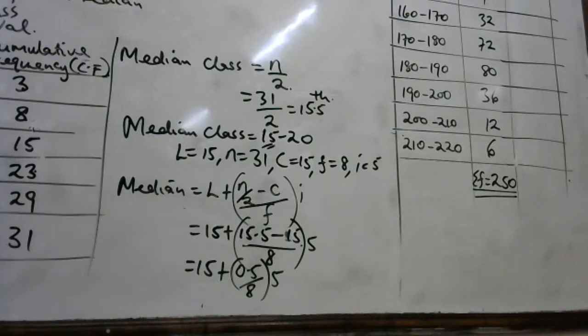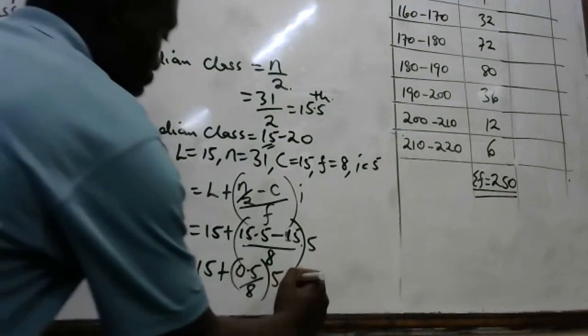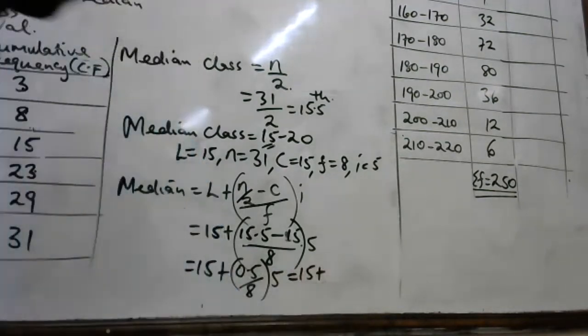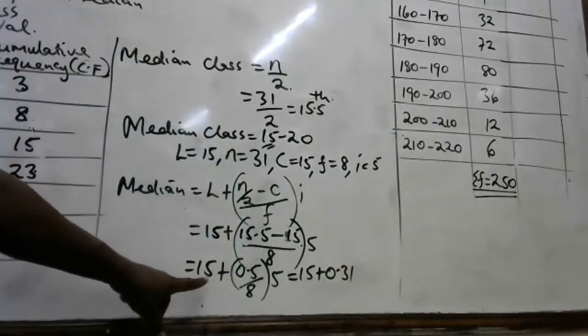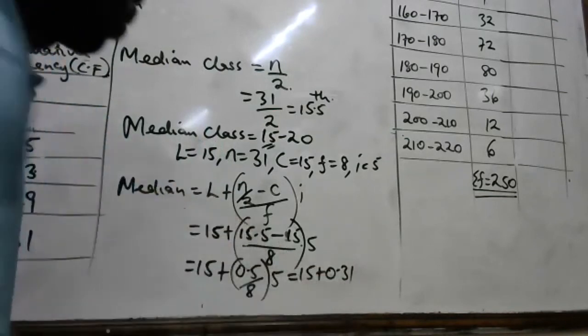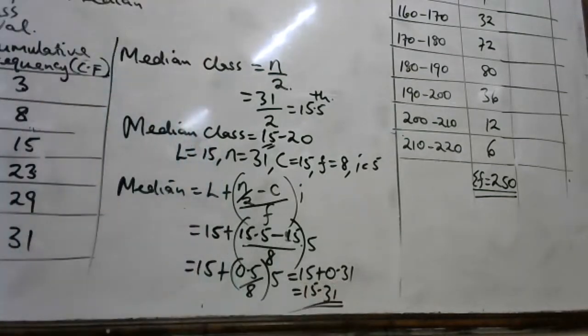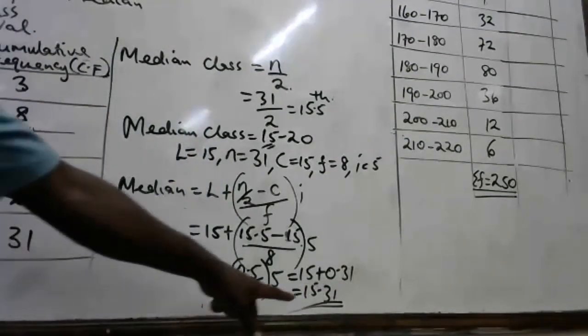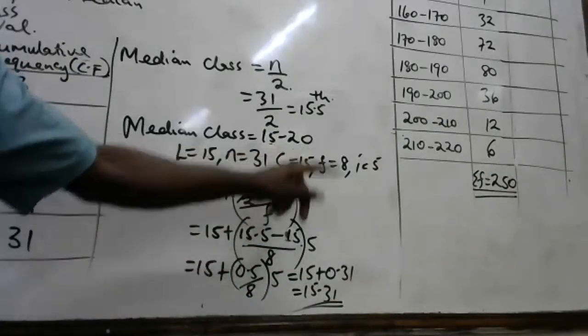The answer is 0.31. So it is going to be 15 plus 0.31, so it is going to be 15.31. And you can see that this value 15.31 is somewhere in the middle of this class, 15 to 20.